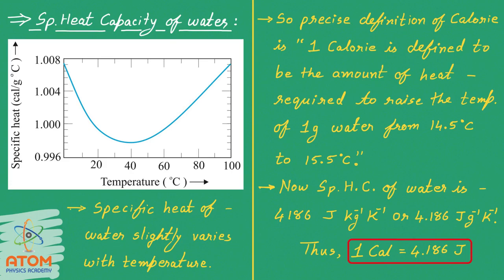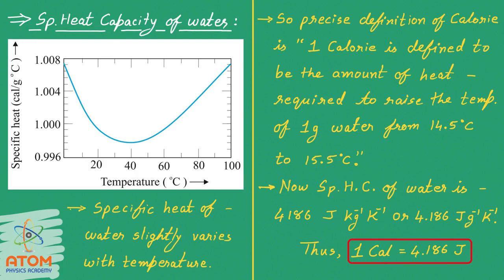Now, why does this variation matter? The answer is that when we define the calorie, the previous definition of calorie was the amount of heat required to increase the temperature of 1 gram of water by 1 degree Celsius, right?